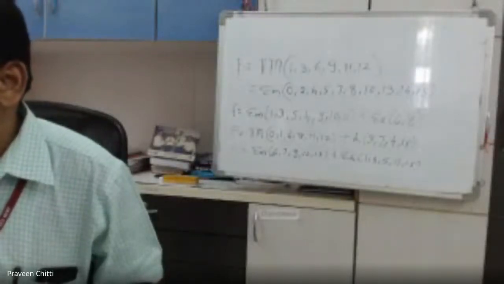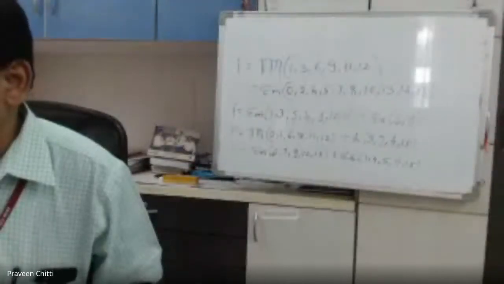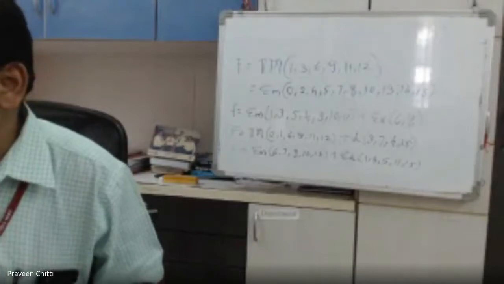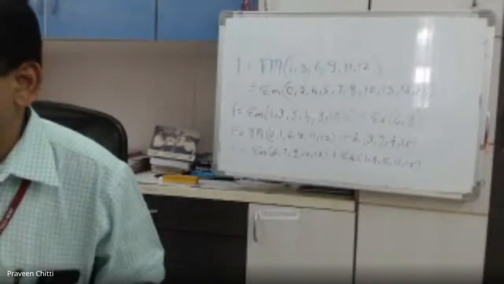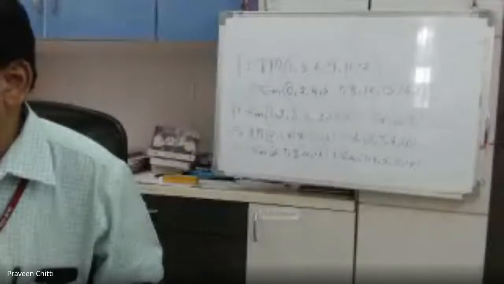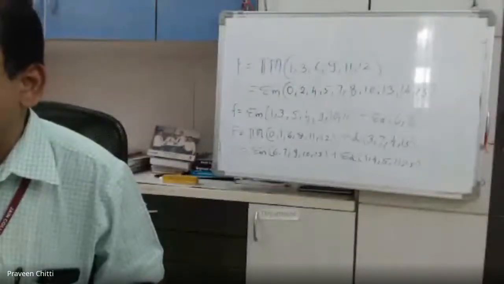In the notes and PPT which I have shared with you, Petrick's method is explained. I will show you quickly, because sometimes they will ask you to explain Petrick's method, so you should be able to explain it with the help of an example.